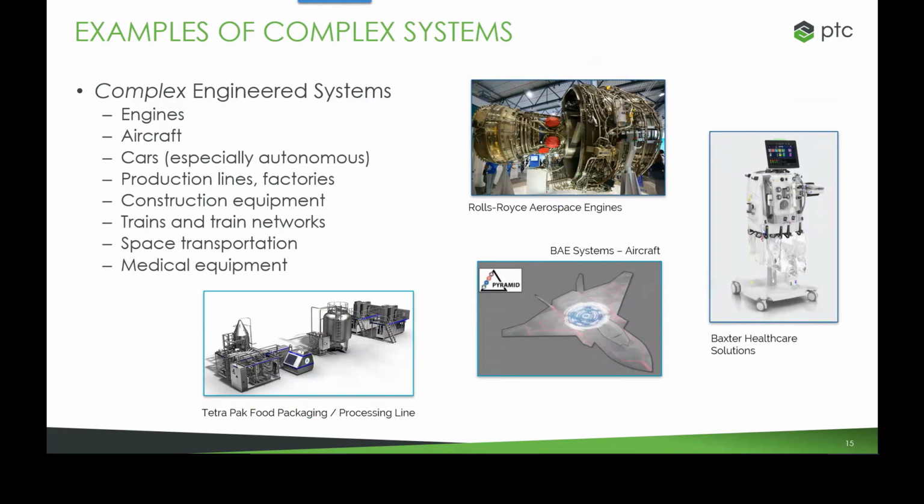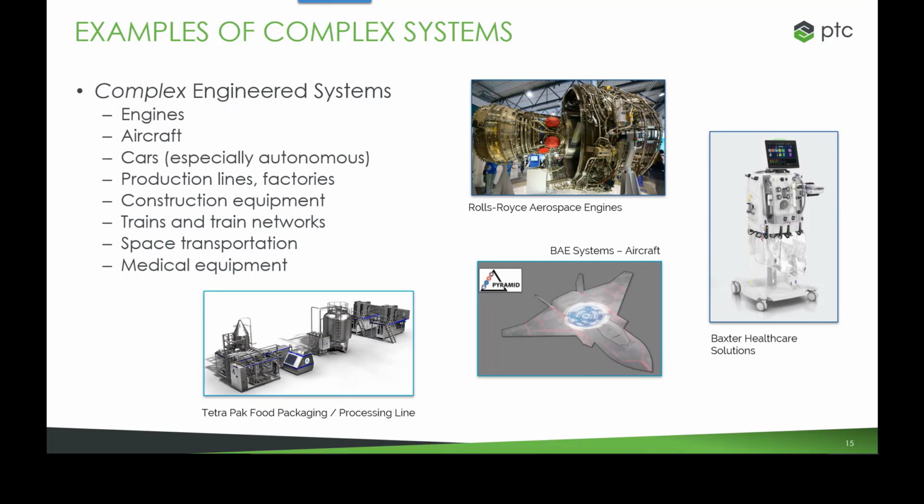Complex systems are where there's a really big challenge and where systems engineering solutions give most value. So engines, and some engines are quite simple, of course, but aerospace engines like the ones you see in the graphic are very complex. Aircraft in general, automobiles are more and more complex nowadays, especially as they have more sensoring and autonomous capabilities. Production lines, factories, construction equipment, trains and train networks, space equipment, medical equipment.